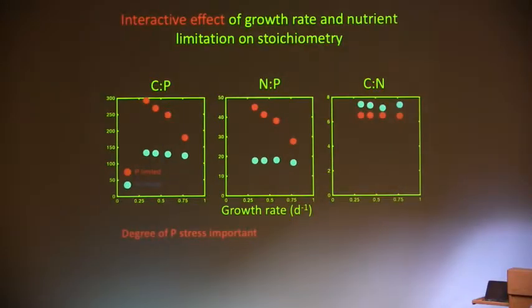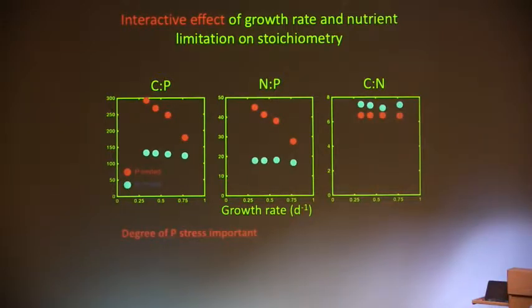So if we look at the elemental ratios, what we see is that P stress is really important for changing the C to P ratio, whereby when cells are growing slowly, Synechococcus can achieve like a 300:1 C to P, but when they're approaching the maximum growth rate, the C to P goes down quite a bit.